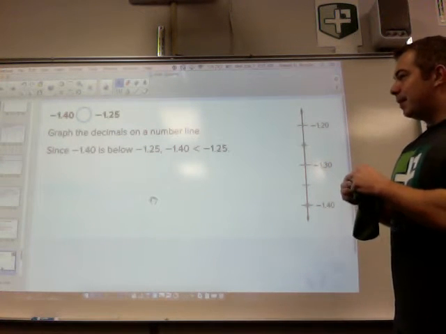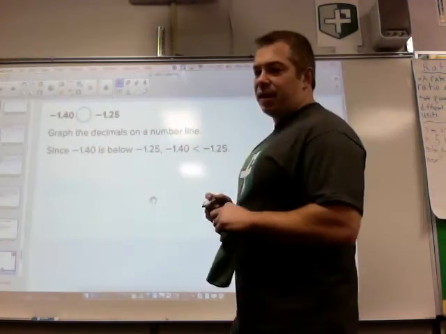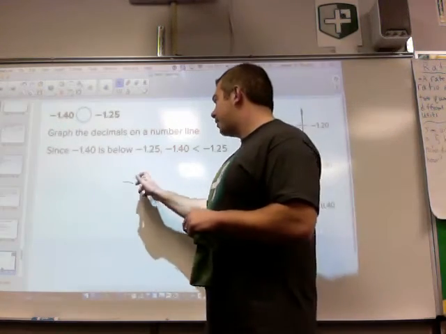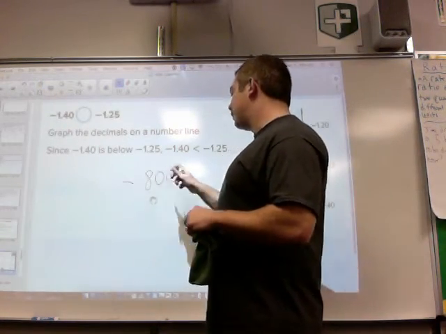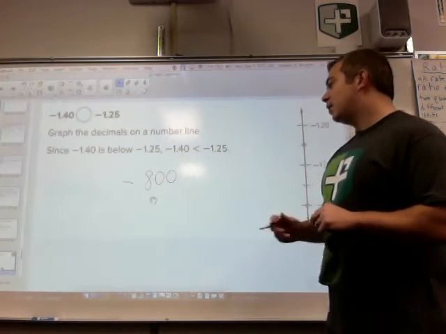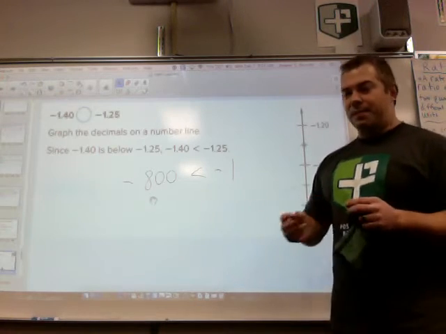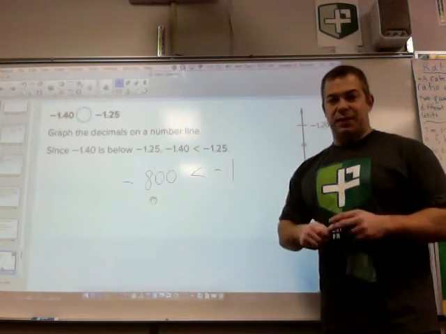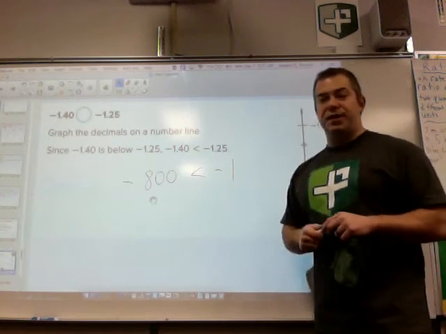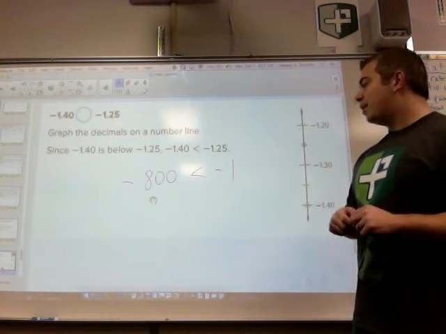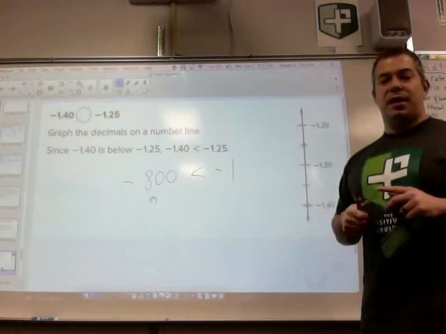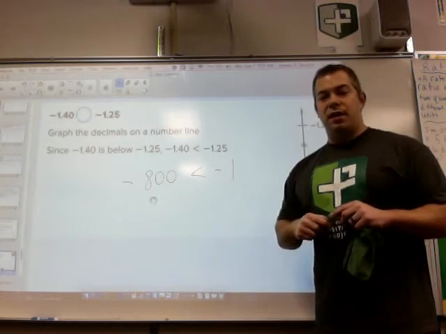But if you think about it, the further negative you go, for instance, negative 800 is going to be less than negative 1. Okay, but negative 800 seems like a big number because it's got more digits and whatnot. But negative 1 is, if you have an imaginary number line in your head, further to the right.